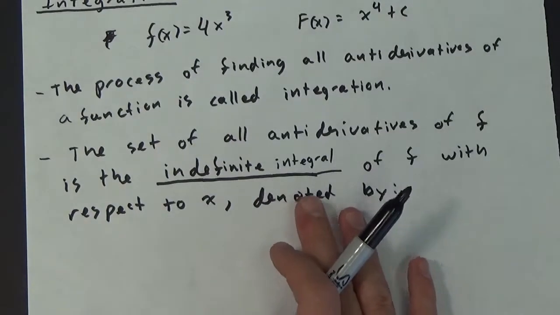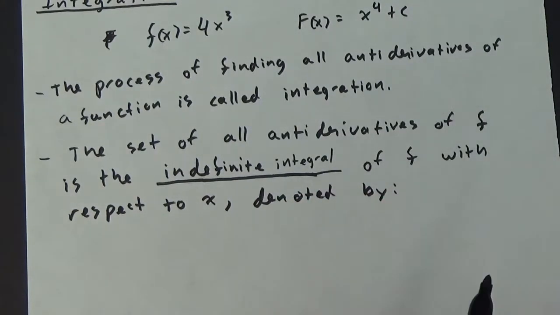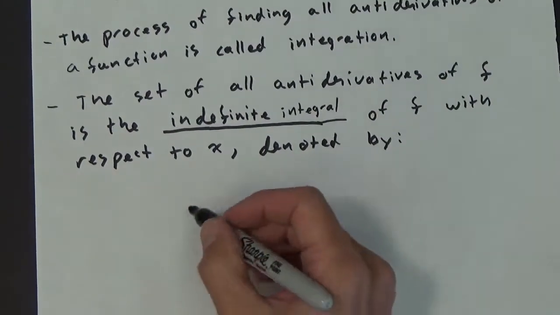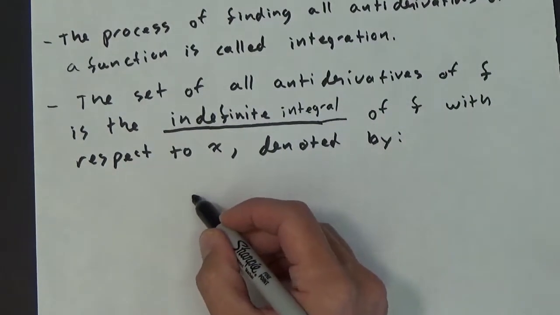The indefinite integral is finding all the antiderivatives of a function with respect to x. And we're going to denote it by the following. We're going to have a new symbol here.